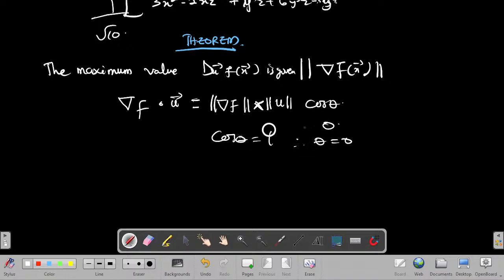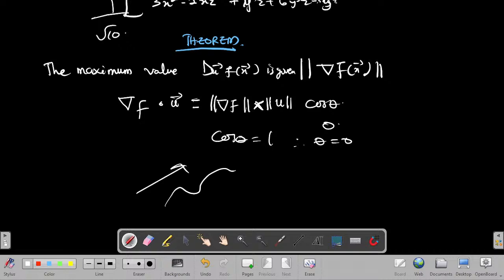What this means is that for you to have the maximum value for our directional derivative, the direction of our vector should be parallel to the gradient, the change of our function. It should be exactly parallel to get the maximum. Okay, so let's solve a problem on this.